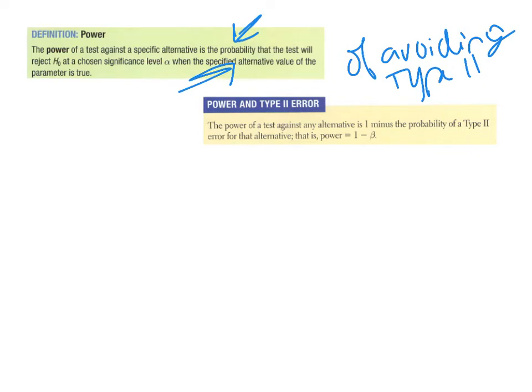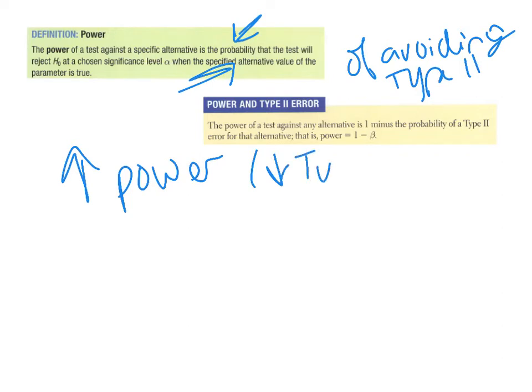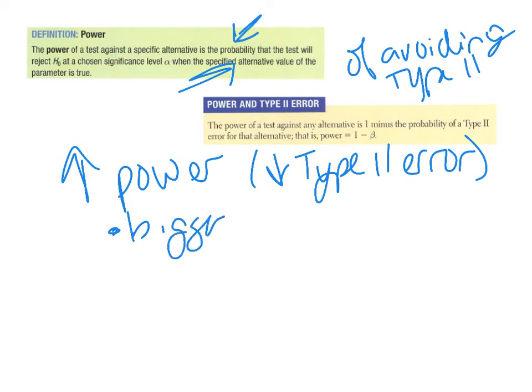So basically, we can increase the power of a test, which means we decrease our likelihood of a type 2 error, with a bigger sample size. When we increase the sample size, that increases the power of our test and decreases our chances of having a type 2 error.